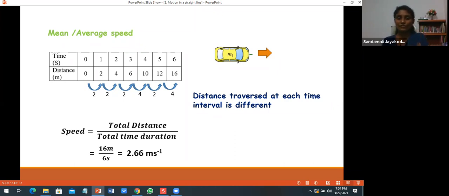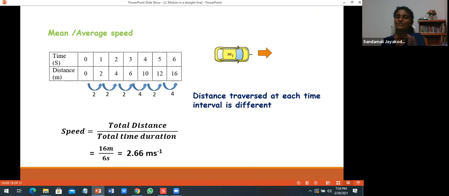That means in the first second we go 2 meters, in the second we go 2 meters, and in another second we go 4 meters. In that way, we are changing the speed. We are changing the distance we travel in a particular time interval. So here we have to take the mean or average speed.